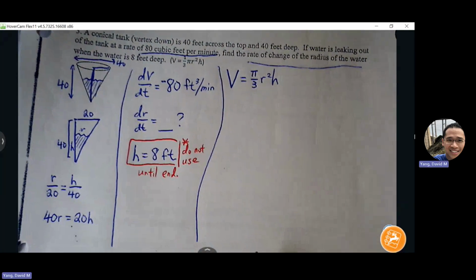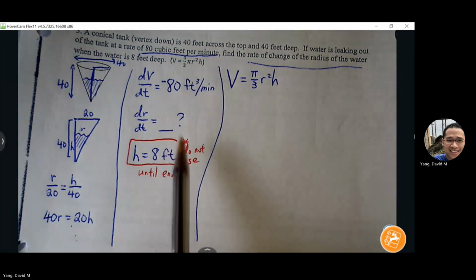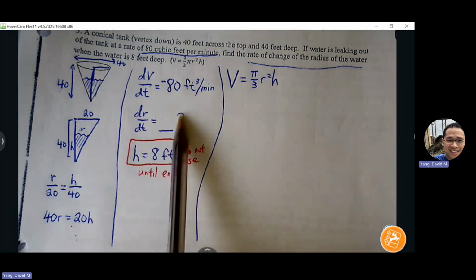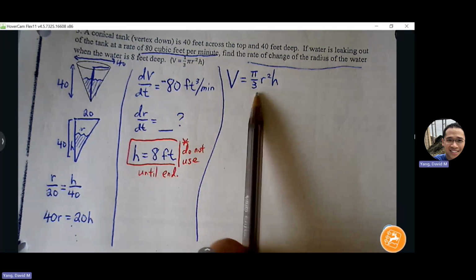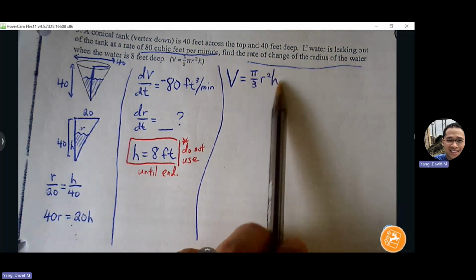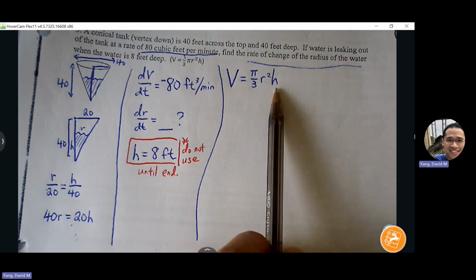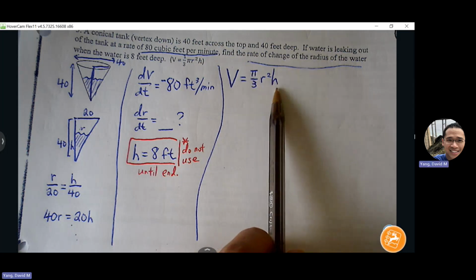Again, which variable are we solving for? We're solving for ultimately dr dt. So obviously there's no dr dt right now, but which variable would have an easier time producing dr dt? Which variable would we like to keep? The r, right? The r will just produce dr dt. So we would like to get rid of the h.